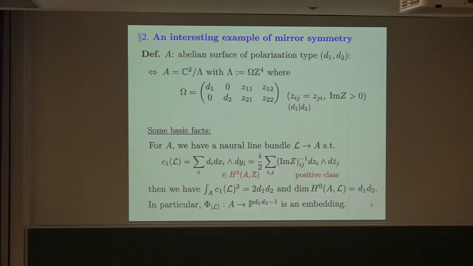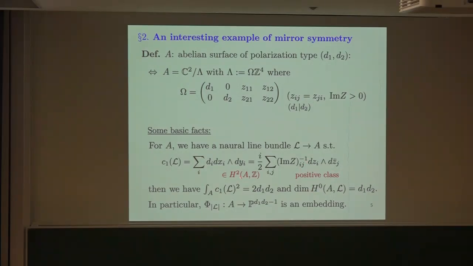And if you write it in terms of the natural complex coordinates, the first class can be written in terms of the imaginary part of z. That means positive definite.